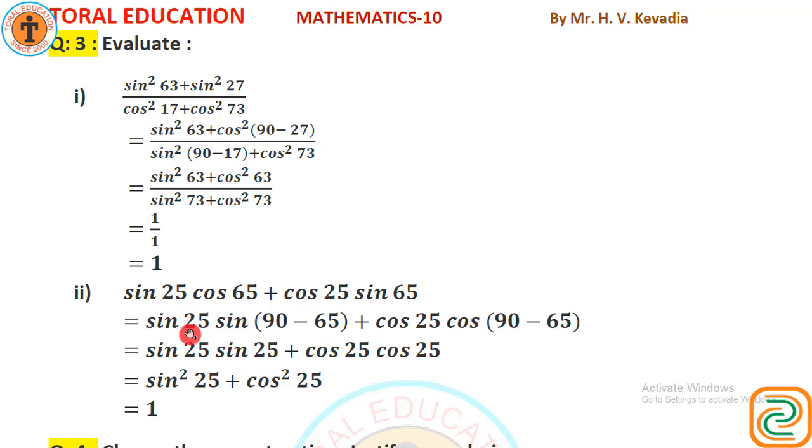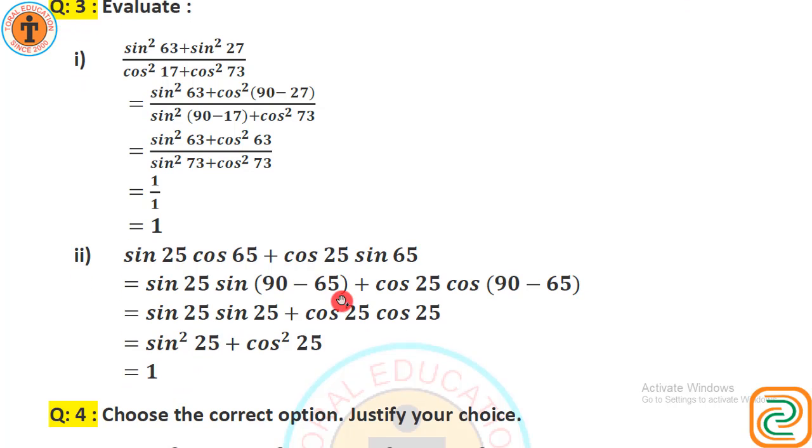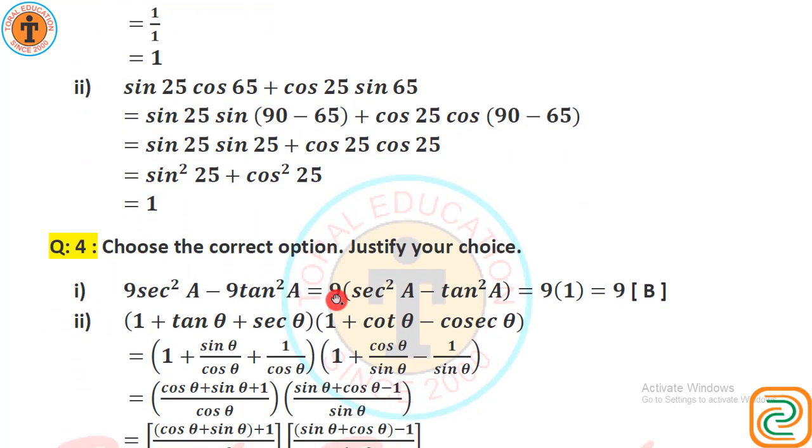So what is here? Sin 25 is there and 90 minus 65, that is 25. So again sin 25. Similarly here cos 25 and cos 90 minus 65, that is cos 25. So here sin square 25 plus cos square 25 equals 1. Right?